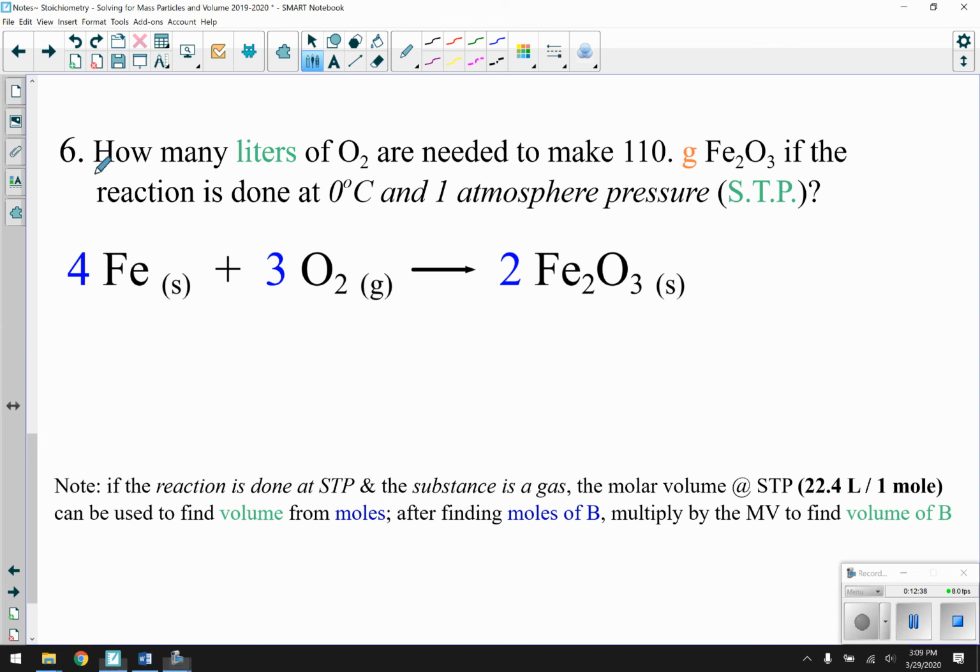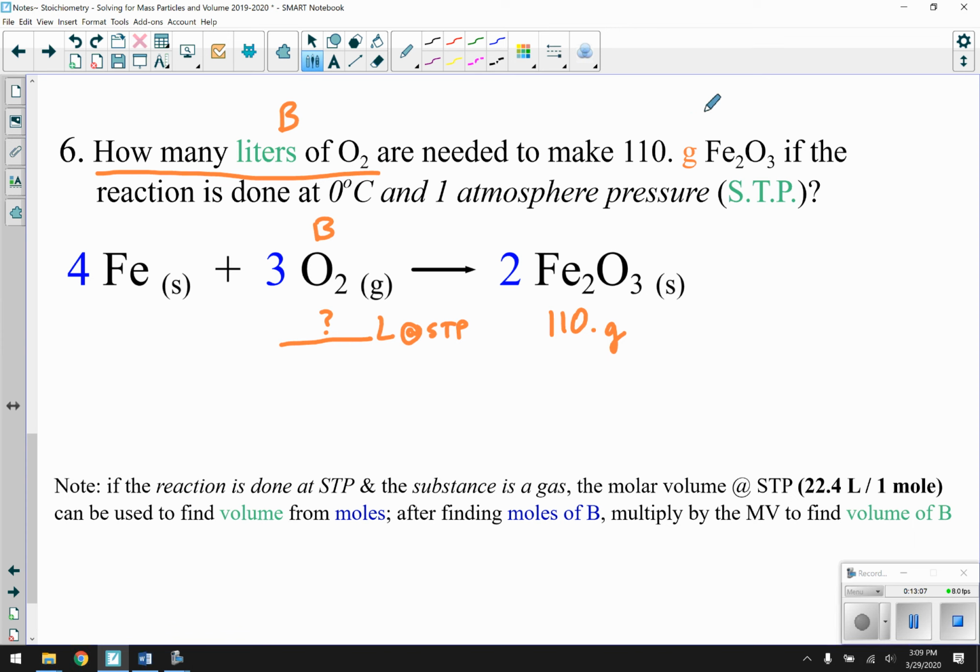Okay, doing the diagnosis. How many liters of oxygen? So that's B. I notice that oxygen is a gas, and as I read on, I notice that it says at STP, and so I can find liters at STP. Go on, are needed to make 110 grams of Fe2O3.